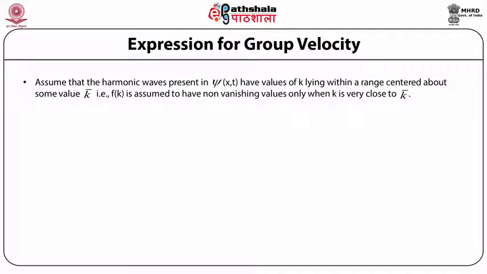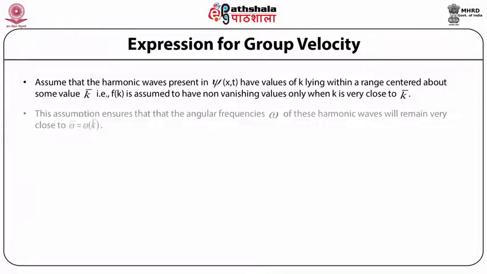That is, the Fourier transform f as a function of k is assumed to have non-vanishing values only when k is very close to k bar. This assumption ensures that the angular frequencies omega of these harmonic waves will remain very close to omega bar, where omega bar is equal to omega as a function of k bar.